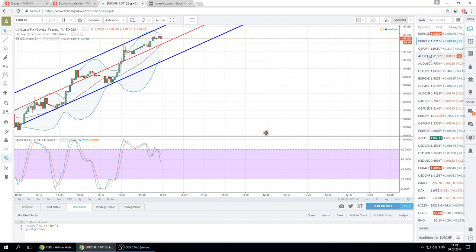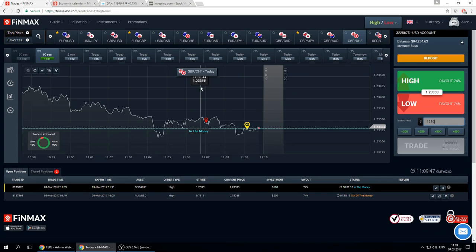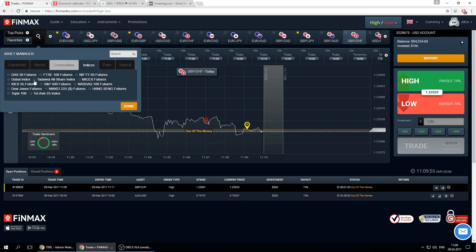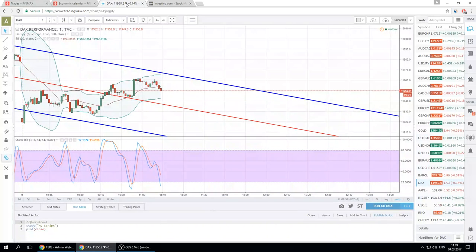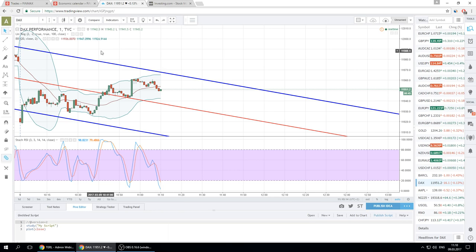Meanwhile, let's switch to something else. Here we see the chart for DAX.